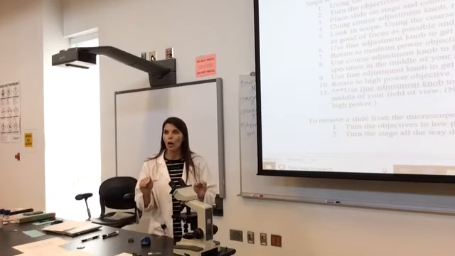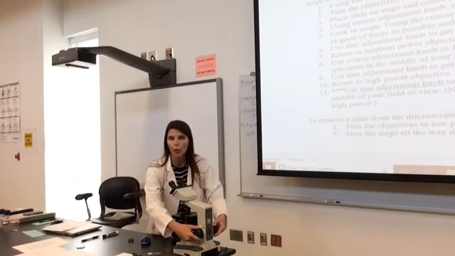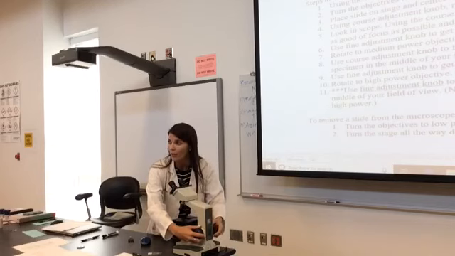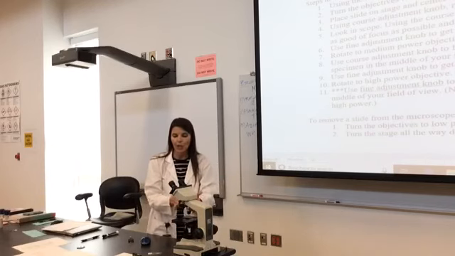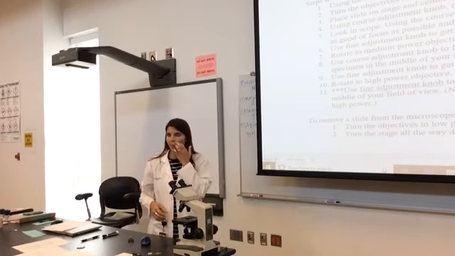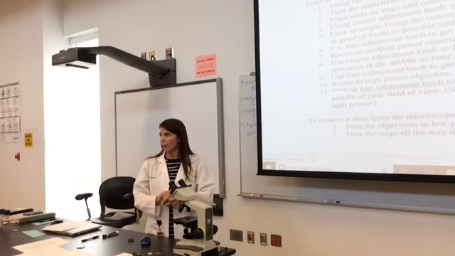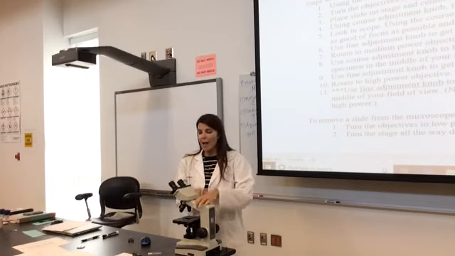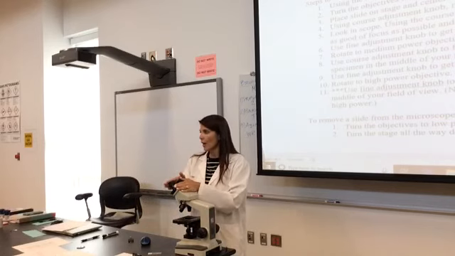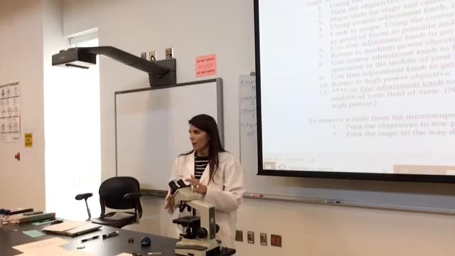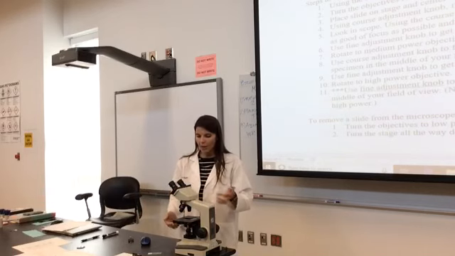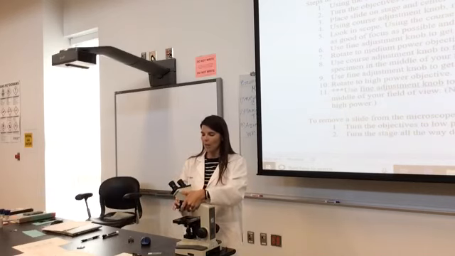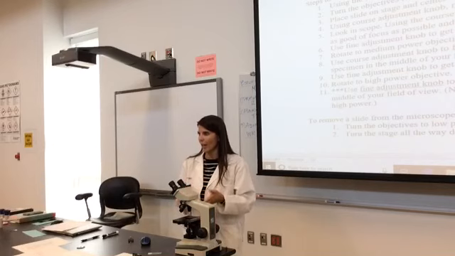In order to start off correctly, you need to lower your stage all the way down and engage your low power objective. This is your start point. Okay? I haven't even looked through my oculars yet. I'm just getting it set up. So my stage is all the way down, and my objective is low power, scanning, engaged.